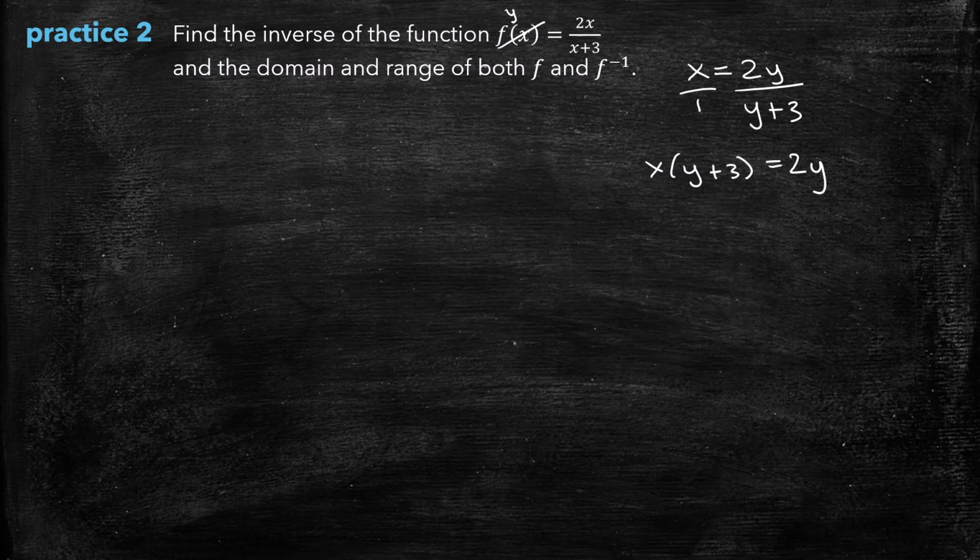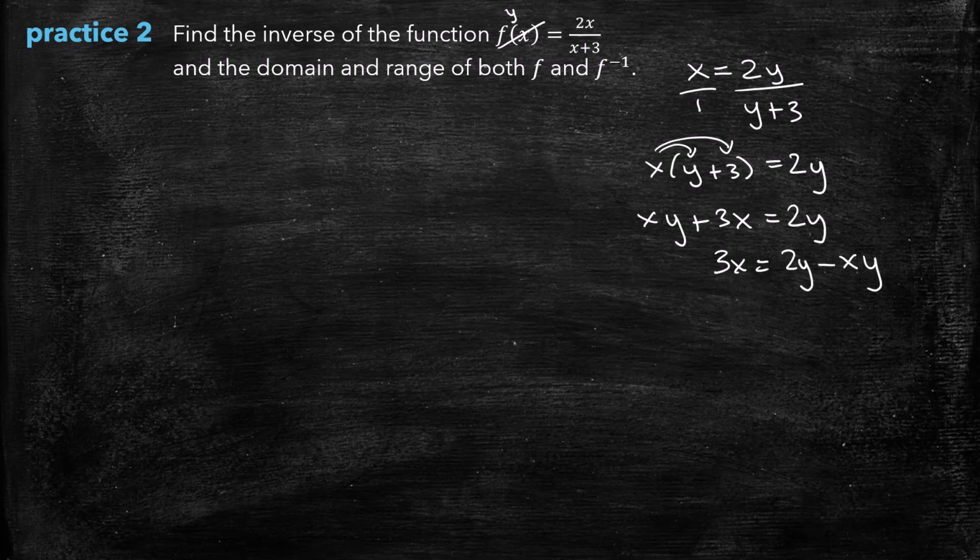Now notice that we have y in 2 different locations, so it's a little harder to isolate y this time. And the way we're going to have to do it is first we'll break it out of its parentheses here by distributing. And then we are going to have to assemble the y terms on one side. So let's subtract xy from both sides, and we get this.